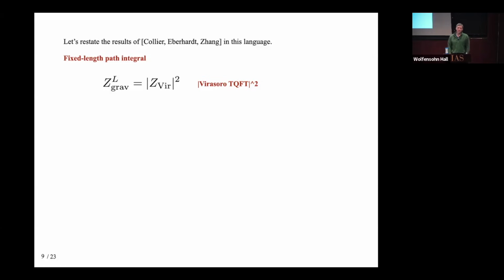This is just restating the results of Collier, Eberhard, and Zhang, now in this language of the compact manifold in the middle. The argument for this is very easy. You have this result for the compact region, and you can reattach this to the asymptotic boundaries and recover the usual statement that relates Virasoro TQFT to the observables of 3D gravity.